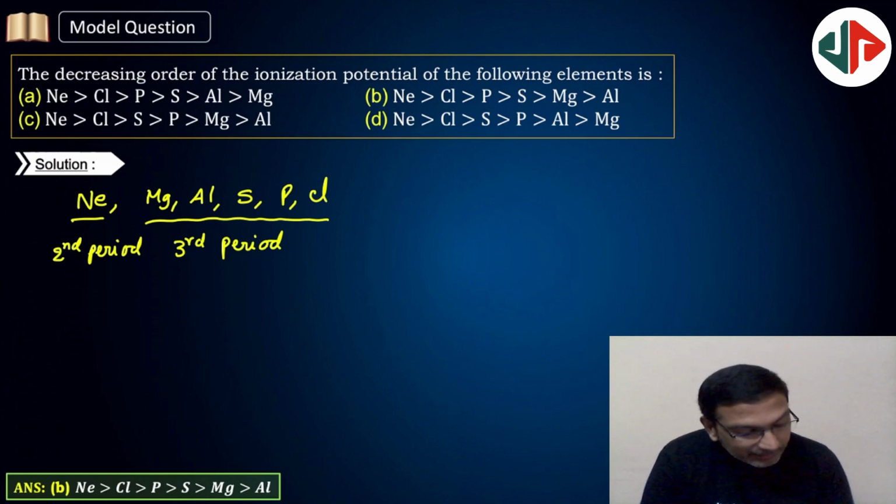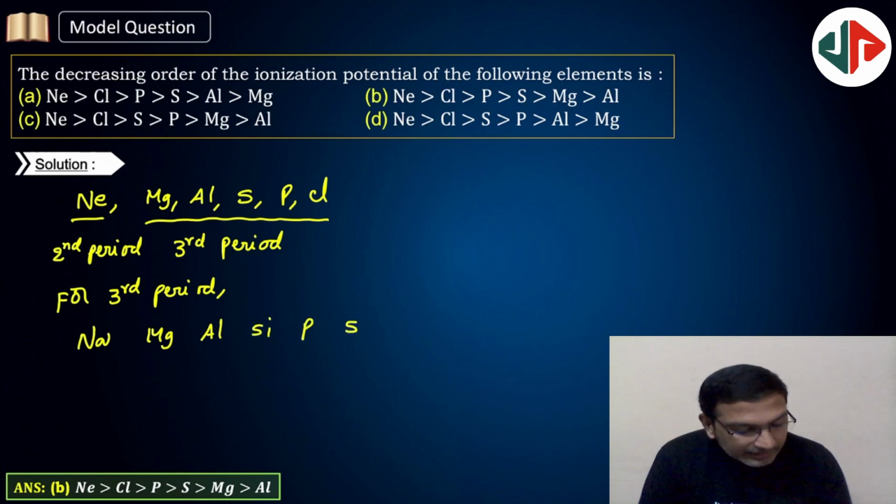Next, compare here the third period. For the third period: sodium, magnesium, aluminium, silicon, phosphorus, sulfur, chlorine. So, sodium is less than magnesium, but magnesium is greater than aluminium.